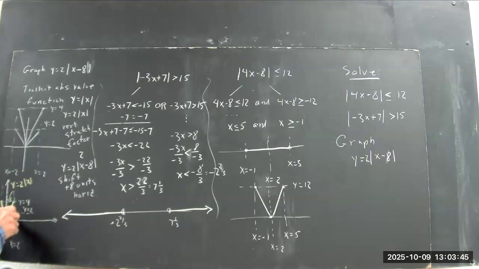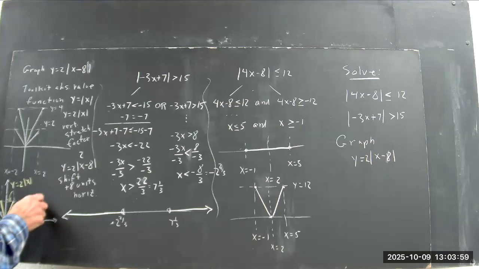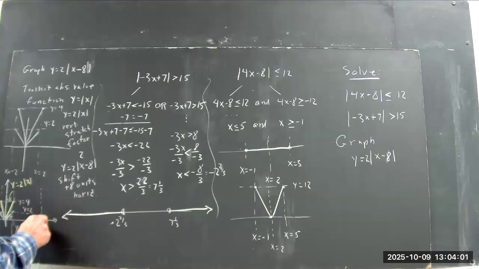You should know that the toolkit graph is y equals absolute value of x. Now we got to move over to x equals 8. There's 2, 4, 6, 8. So let's just say I'm exaggerating a little bit. 8 isn't quite out this far. There's x equals 8.